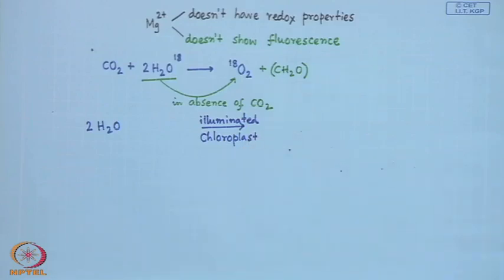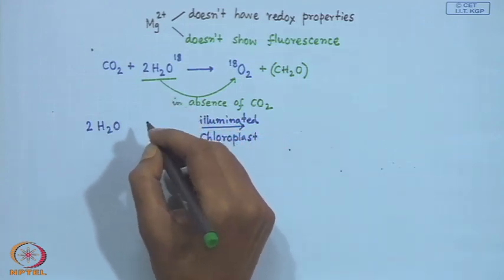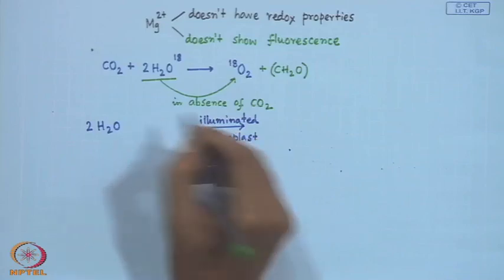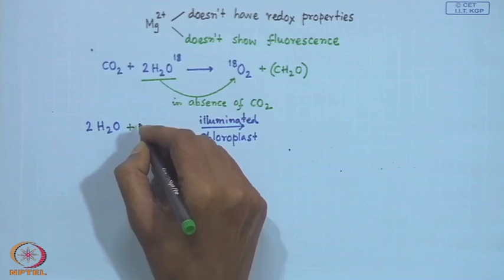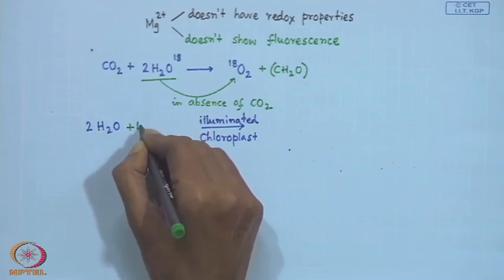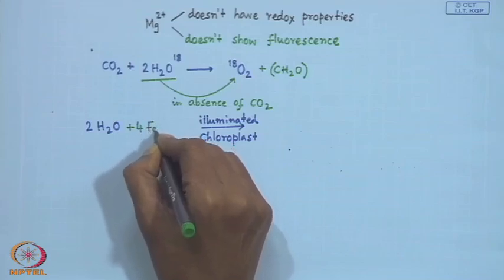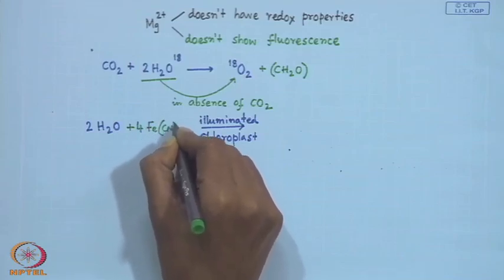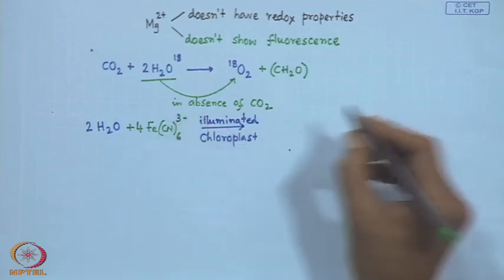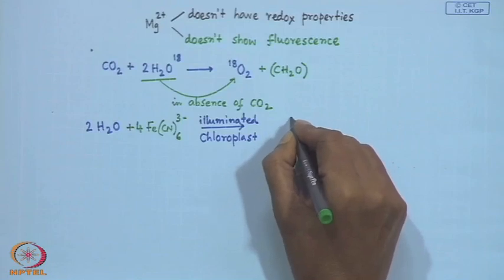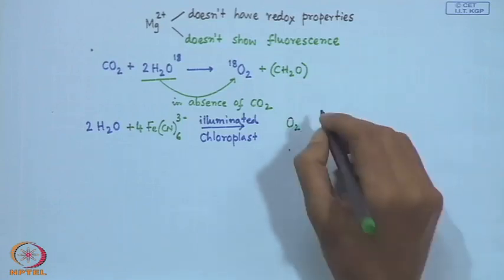It is illuminated chlorophyll, and this illuminated chloroplast, when it reacts with something else, not carbon dioxide but another electron acceptor, say ferricyanide, Fe(III), it can also produce O2.